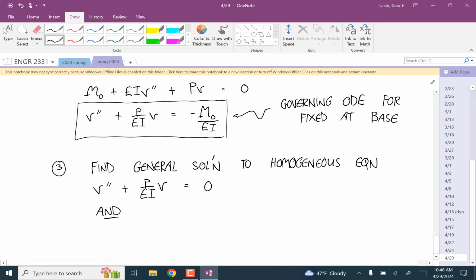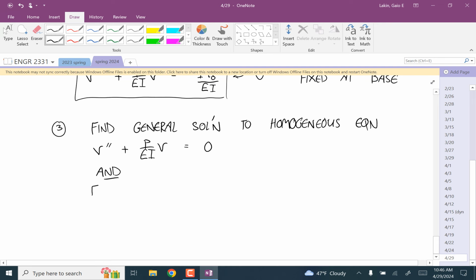And then we also have to find any one solution to the full equation, and add those together.